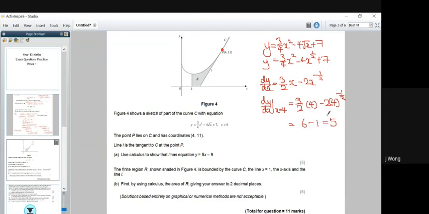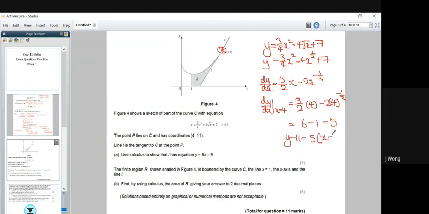So here you just need to substitute your x coordinate. That will be 3/2 multiplied by 4 minus 2 times 4 to the power of a half. If you evaluate this, you should have 6 minus 2 times a half, which is 1. So you will get 5.